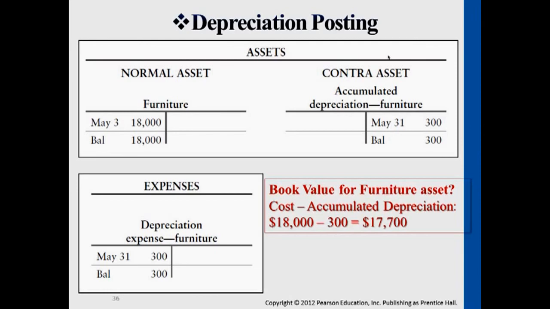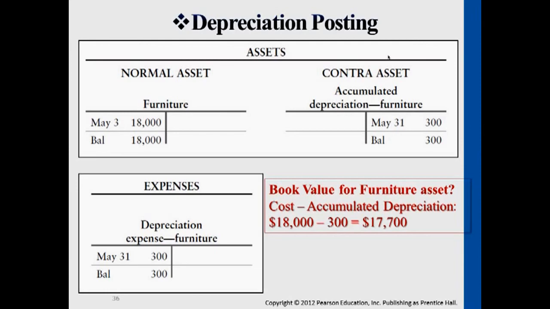If a question gives you three T accounts and asks what the current book value of the asset is, think about the current value of the asset. That would be the original $18,000 minus the value you see under accumulated depreciation, $300. So the current value of the asset, after using it for a month, you can measure as $17,700.